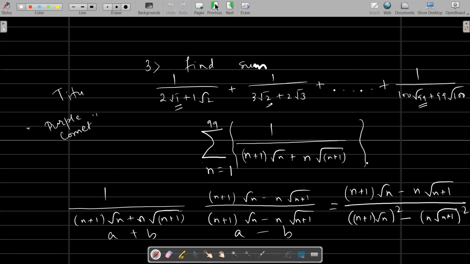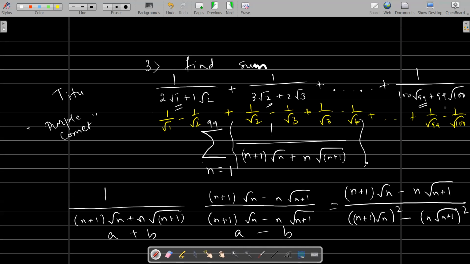So my first term is 1 by root 1 minus 1 by root 2, plus the second term 1 by root 2 minus 1 by root 3. The third term is 1 by root 3 minus 1 by root 4, and so on till the last, which is 1 by root 99 minus 1 by root 100.